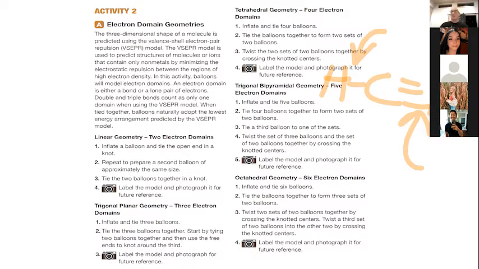They're going to repel, right? So if I have electrons over here, and I have electrons over here, they are going to want to take a shape to get as far away from each other as they can, because they repel each other. And when there's 2 areas where you have electrons, they're going to naturally form this shape. Now, linear geometry, 2 electron domains.